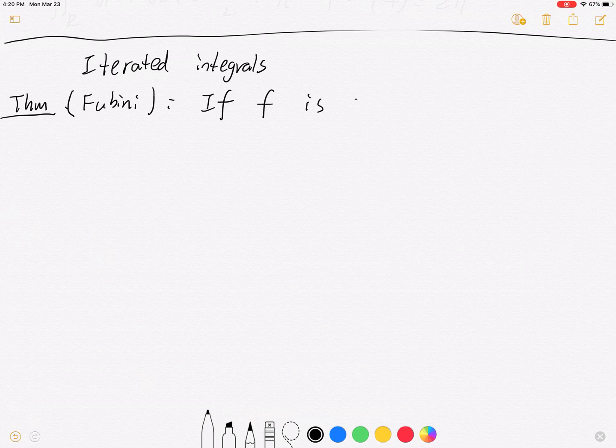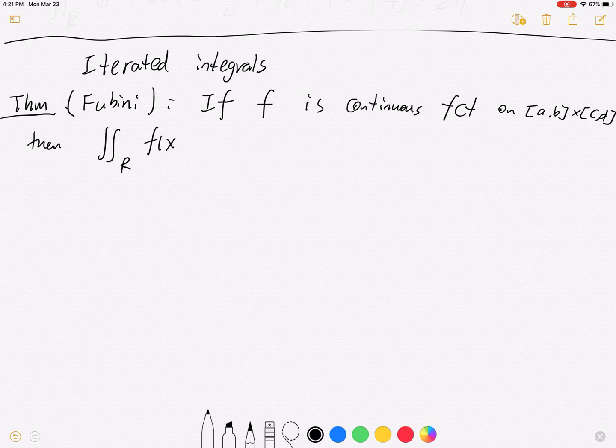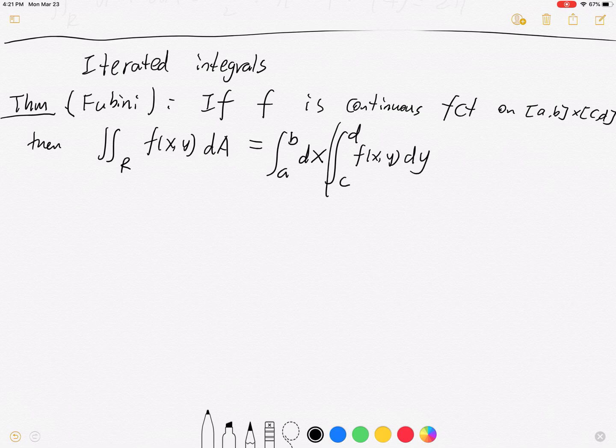So if f is a continuous function on the rectangle [a,b] cross [c,d], then the integral of f over the region R can be computed in the following way. You first integrate f with respect to y from c to d for fixed x. Then this will be a function of x.